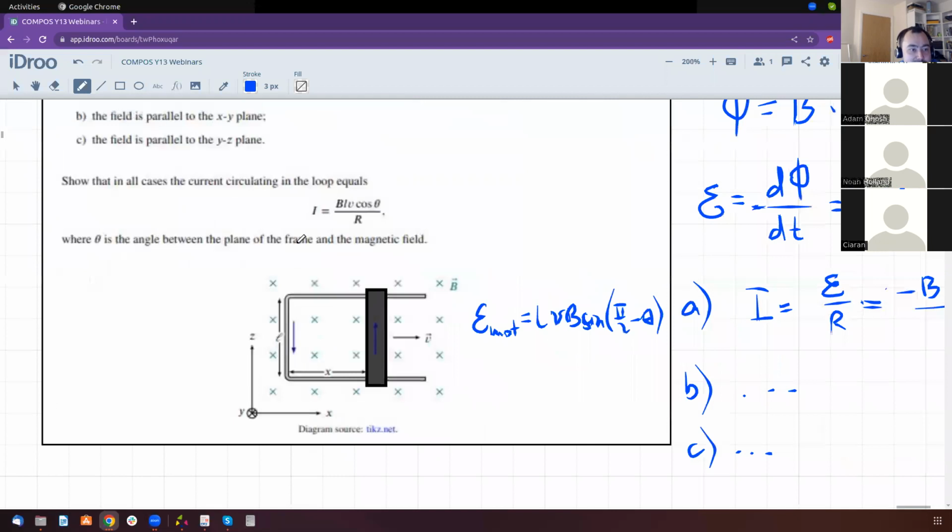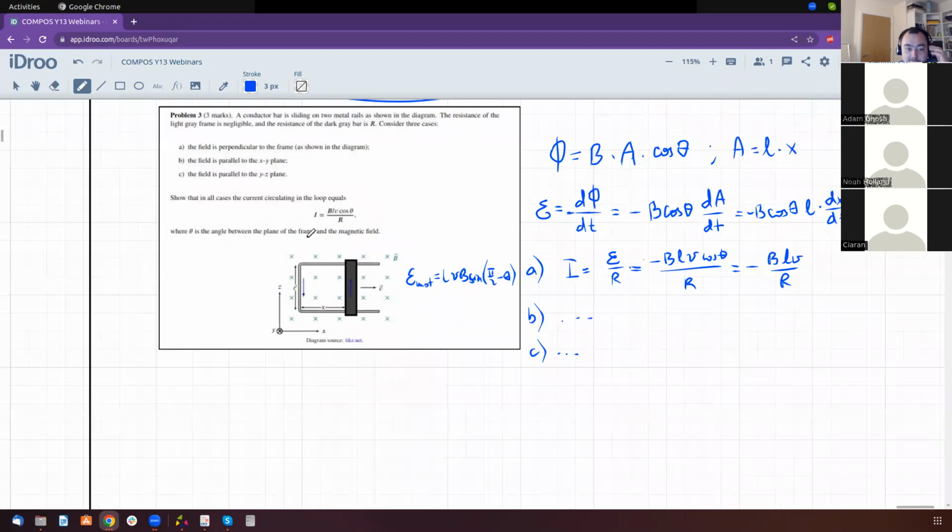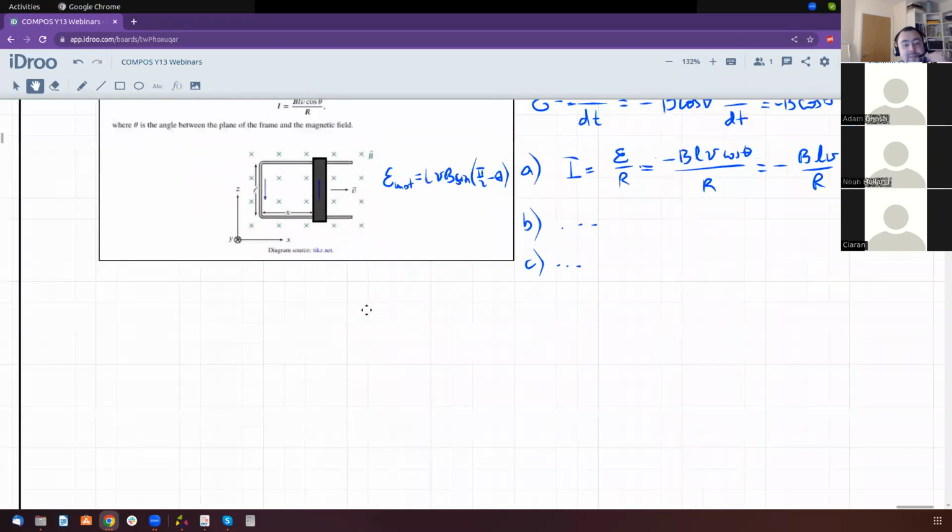And when it's parallel to the XY plane, this way, yeah, so just looking at it from different perspectives.